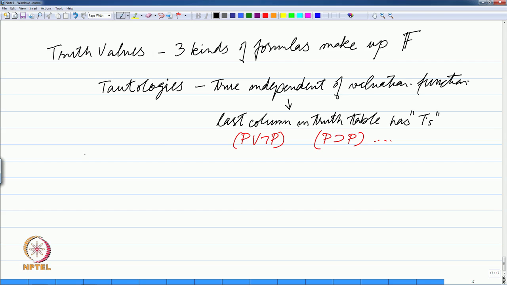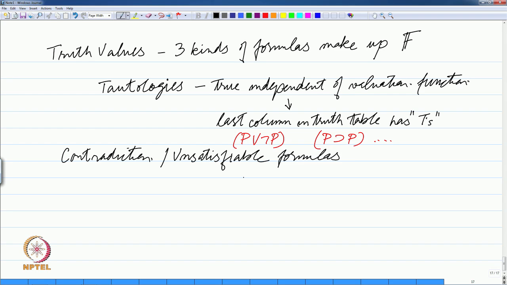Then we have contradictions, or unsatisfiable formulas. These are formulas which are always false.